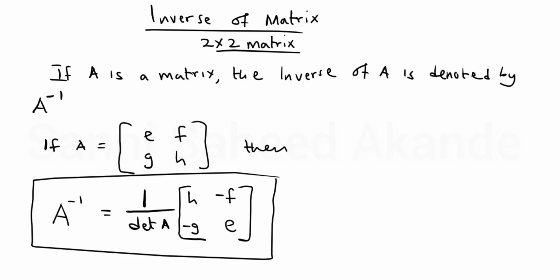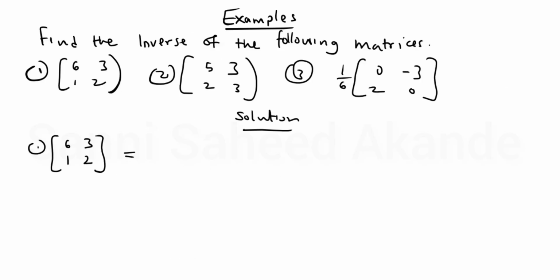Now it's going to be 1 divided by the determinant of this matrix. We have learned how to find the determinant of a matrix. So we are going to multiply diagonally and subtract the answers from each other. Okay, determinant of this is going to be 6 multiplied by 2. So 6 times 2 will give us 12.